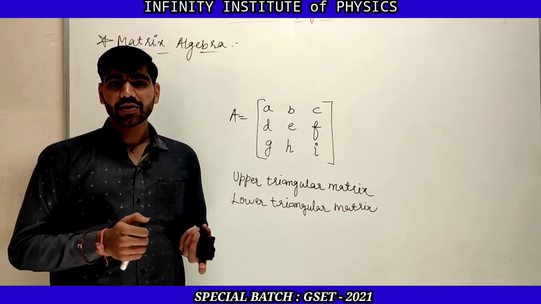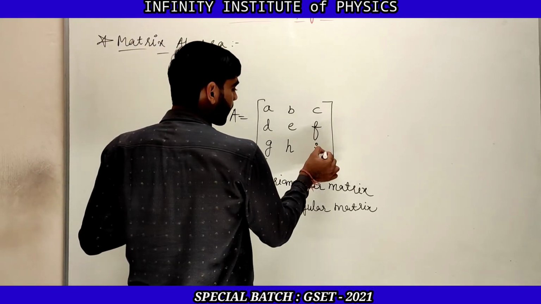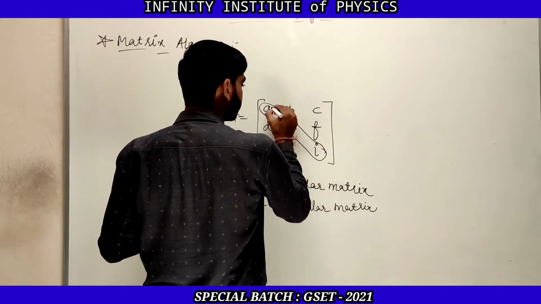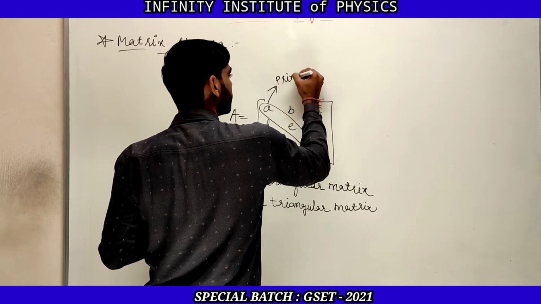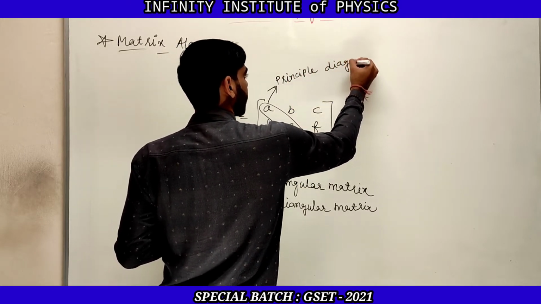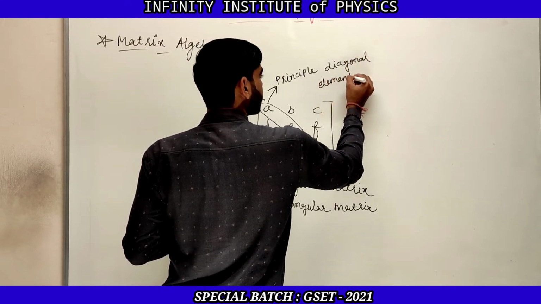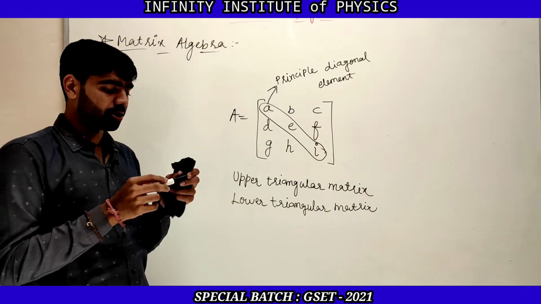So when can we say that a matrix is upper triangular? These entries are said to be the principal diagonal elements.